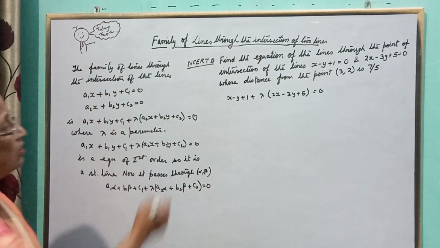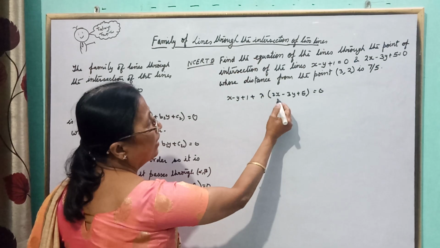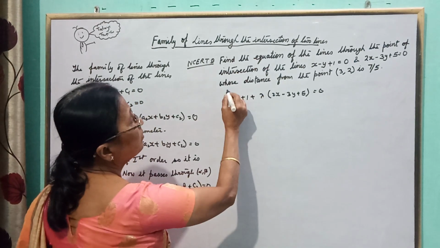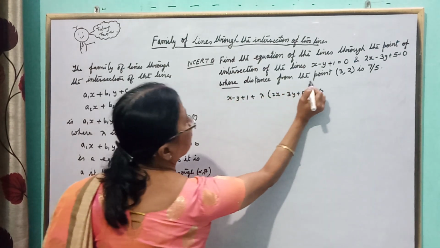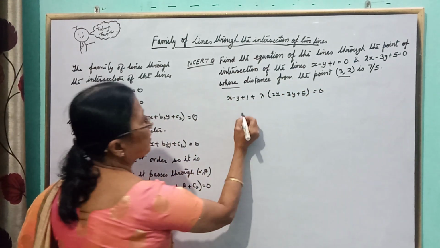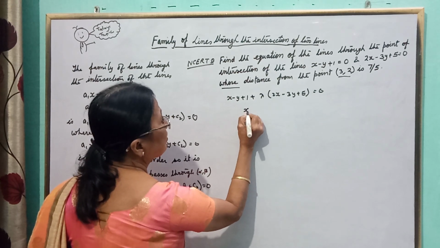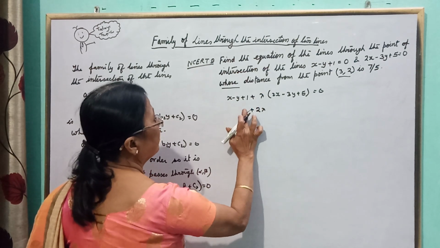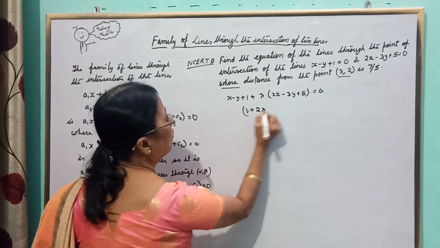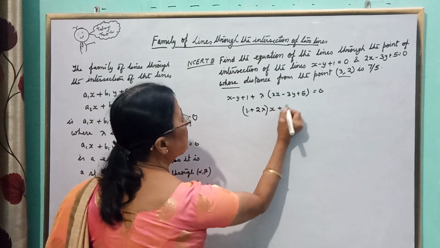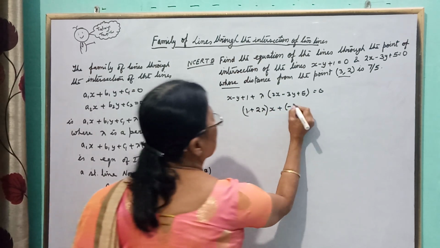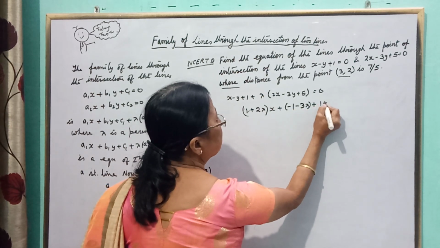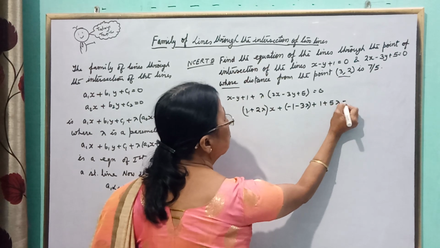The two equations are x minus y plus 1 and 2x minus 3y plus 5. Now it is given whose distance from the point (3, 2). Taking the coefficient of x, I can write (1 plus 2 lambda)x plus (minus 1 minus 3 lambda)y plus 1 plus 5 lambda is equal to 0.